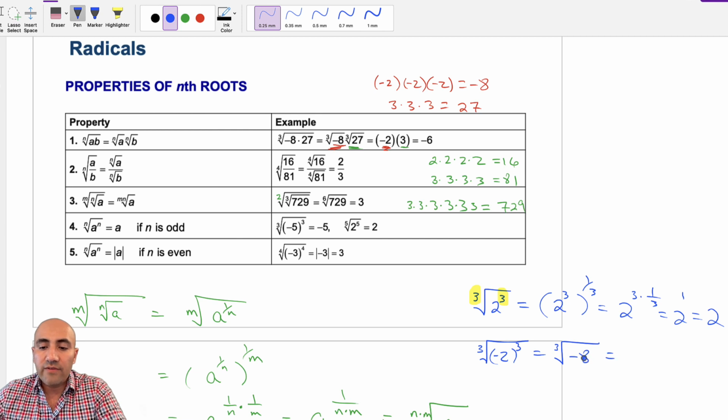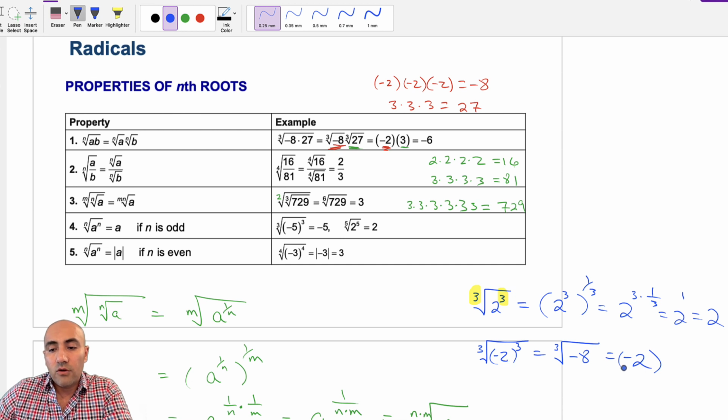And we know the cube root of negative 8 is negative 2. So it works. The 3 in the index of the root and the 3 in the exponent of negative 2 just give you that the answer is going to be negative 2. Notice that that's not true when we have an even one. Property number 5.